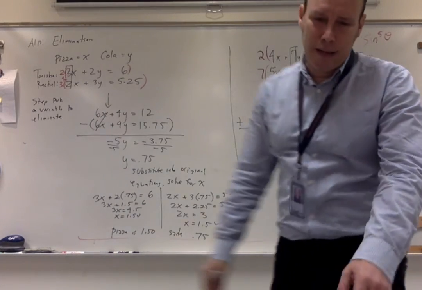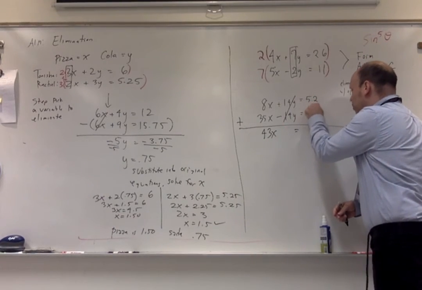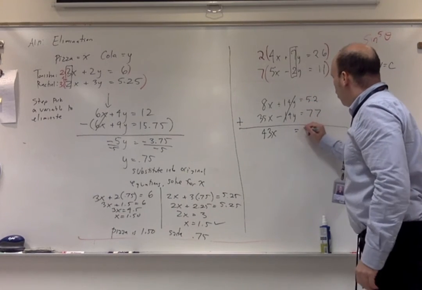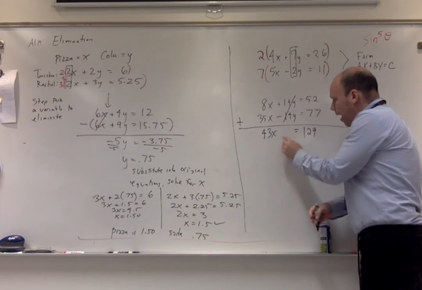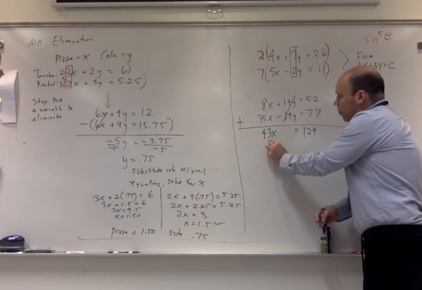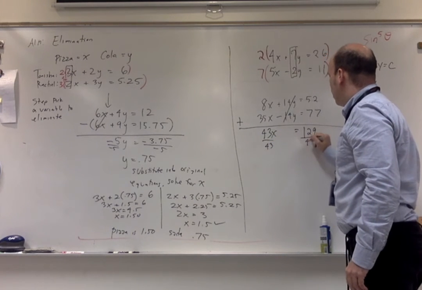Oh, did I make a mistake somewhere? No, I'm good. 52 plus 77 is 129. Either use a calculator or you can kind of see, oh, you know what? It's times 3. Divide both sides by 43.